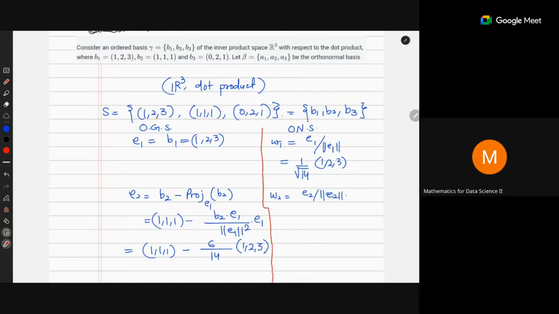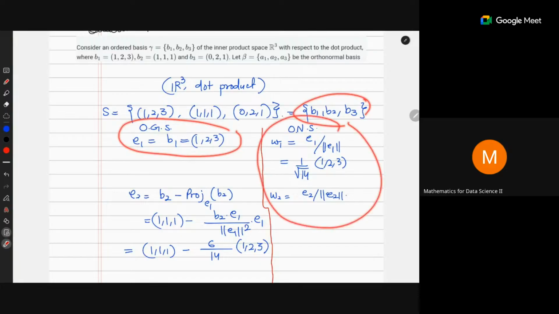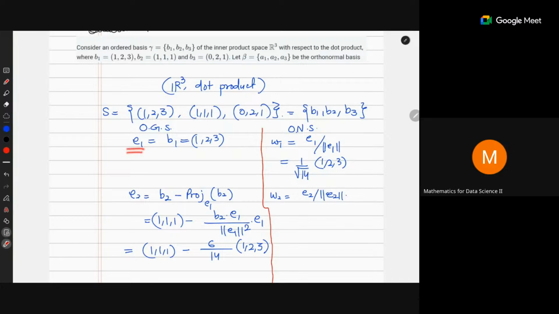I'm converting this set into an orthogonal set on the left hand side and an orthonormal set on the right hand side. I start by taking E1 directly as B1. But in orthonormal, the norm should be 1. That's why I divide E1 by the norm of E1. So this is your W1.